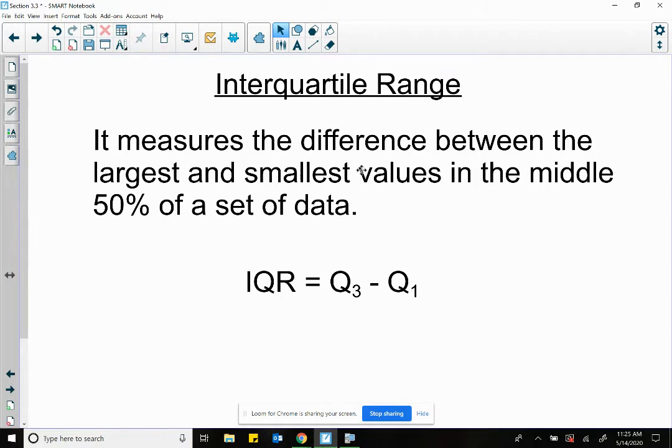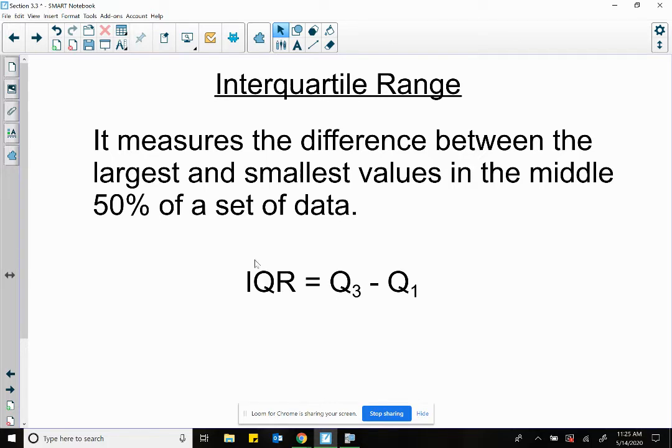The big thing you need to know though is the interquartile range is about the middle 50% of the data. Quartiles split your data up into little chunks of 25%.